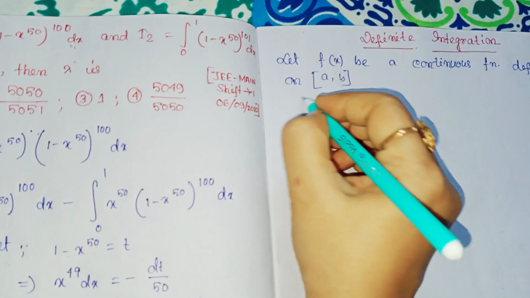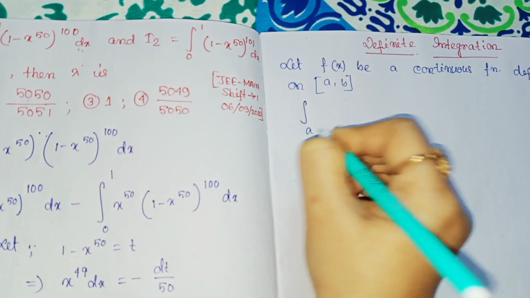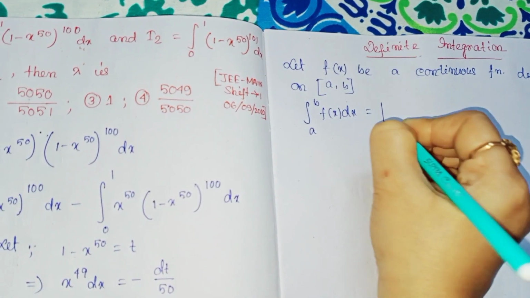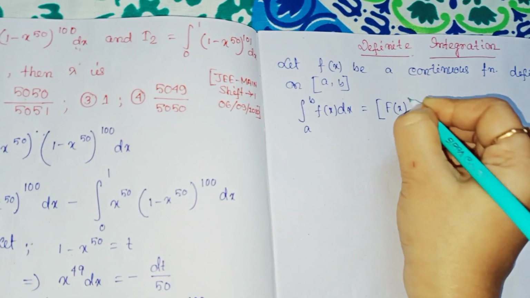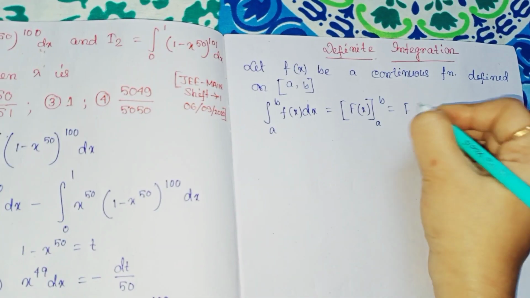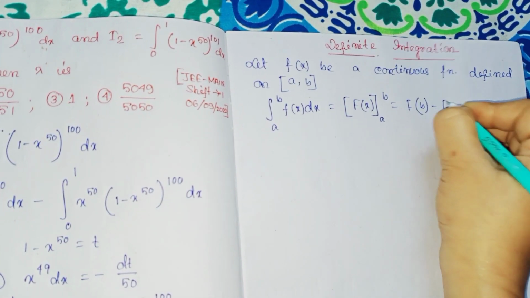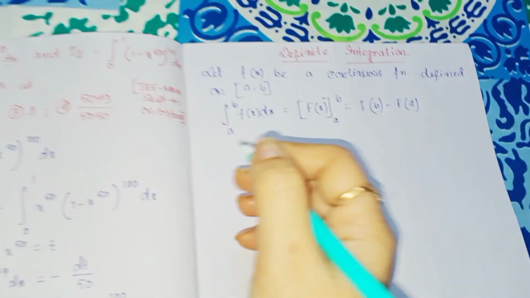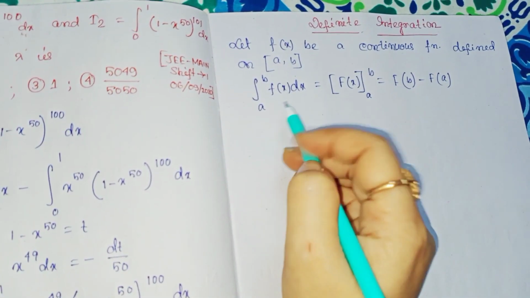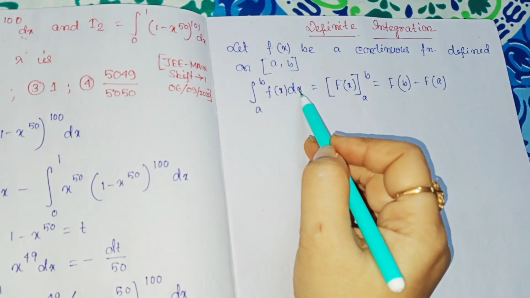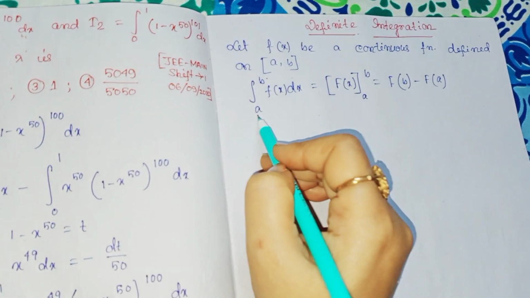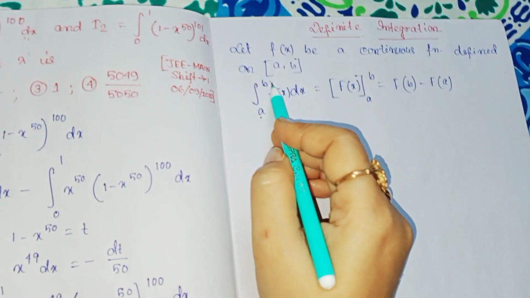Then we write the integral from a to b of f(x) dx is equal to F(x) between the limits a to b, and it is defined as F(b) minus F(a). So this is definite integration: take an indefinite integration and put the limits. Here a is called the lower limit and b is called the upper limit.